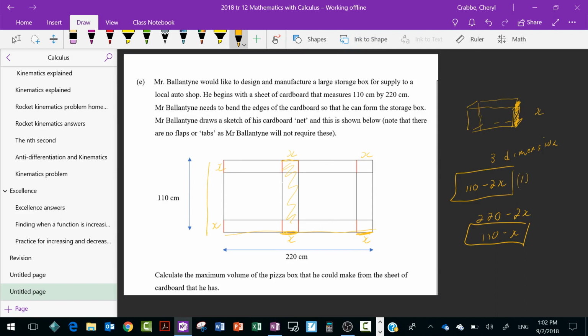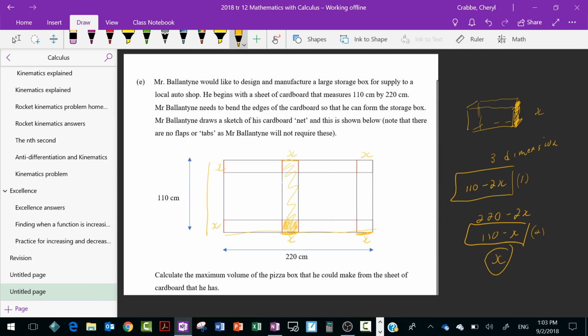So this is one side, this is the other side, and then you've got sort of the height of this, which is going to be basically just when you fold, this other dimension is just basically going to be this. So it's x. Now, coming up with that is paramount to being able to do this question, obviously.